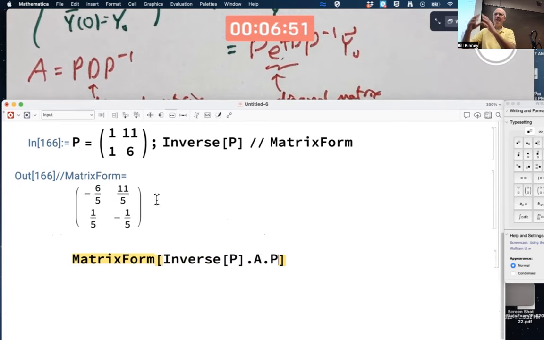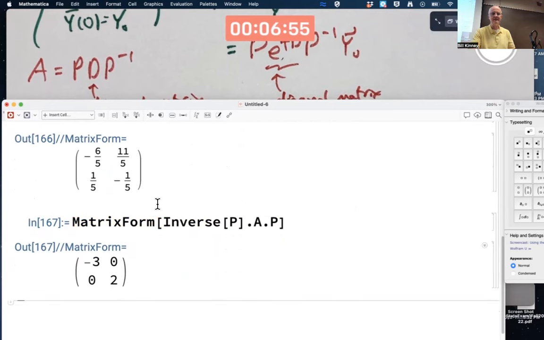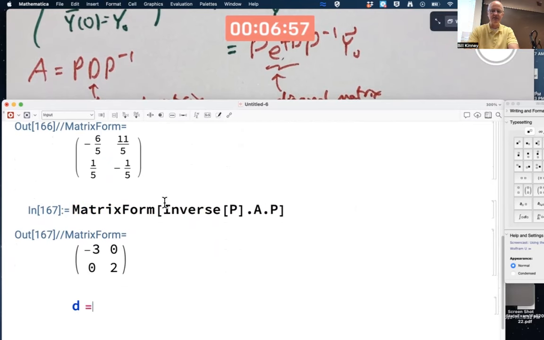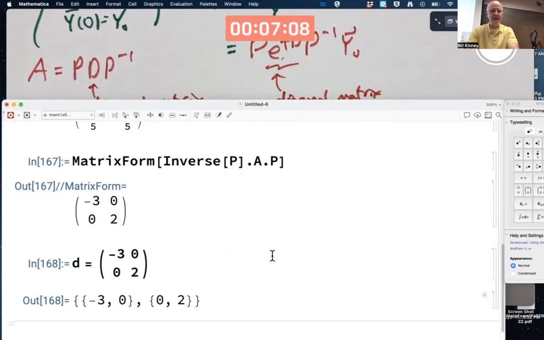Get the diagonal matrix by putting P inverse on the left. Yep, there it is. There's our diagonal matrix. I'm going to use a lowercase d for that matrix, because if I use capital D, that's not allowed in Mathematica because that represents derivative. So I use a lowercase d for that.